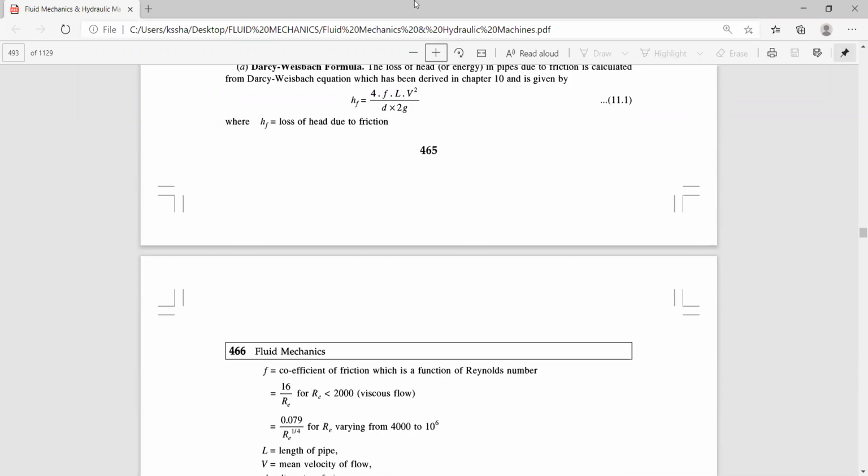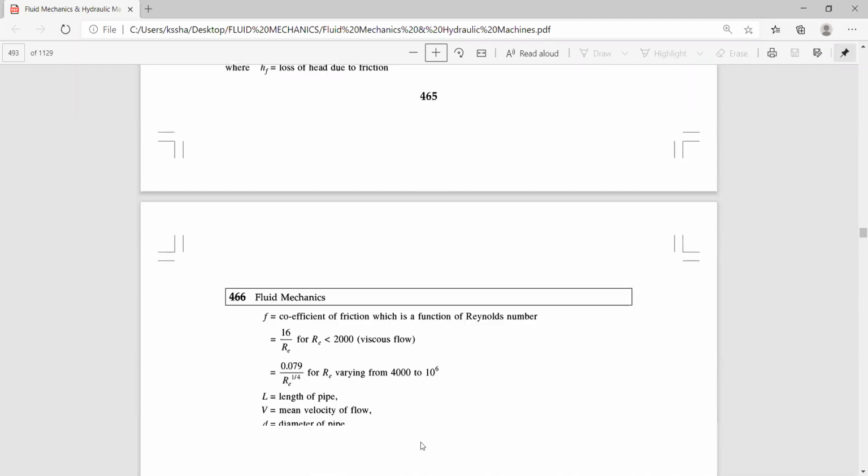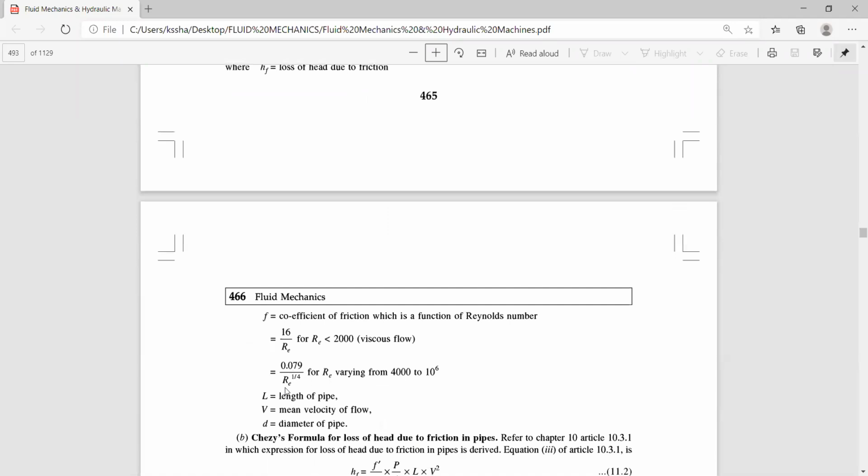So what is Reynolds number? It is a number which is used for differentiating laminar flow, turbulent flow, viscous flow and all. So what is the equation? f is equal to 0.079 divided by Re raised to 1 by 4, for Re varying from 4000 to 10 raised to 6. So Re is your Reynolds number, L is your length of pipe, V is the mean velocity of flow, and D is the diameter of pipe.